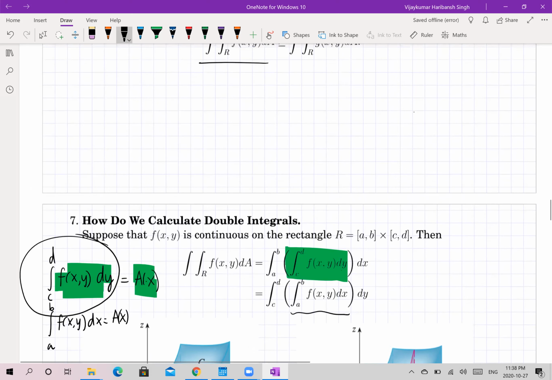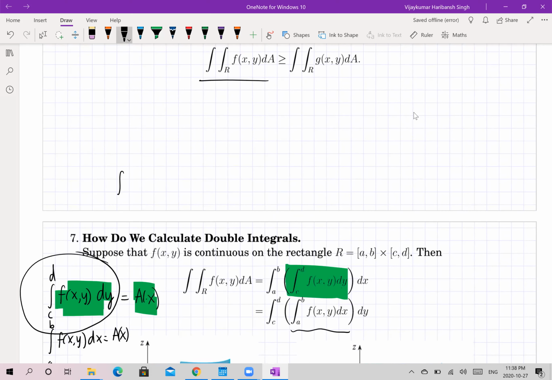Let me show you that by an example. Suppose I have the integral from 1 to 2 of x y dy. If I do this, x is a constant, it comes out, and the integral from 1 to 2 of y dy gives x times y squared by 2, from 1 to 2, which is going to be x times (2 squared minus 1), which is 3 by 2.